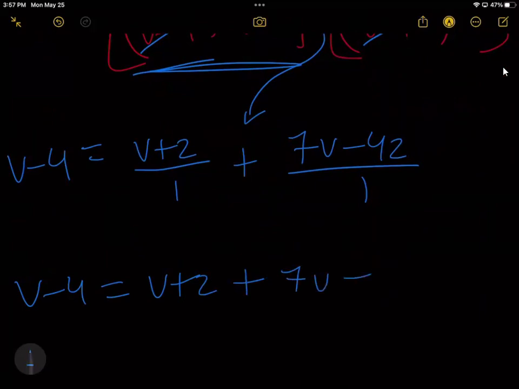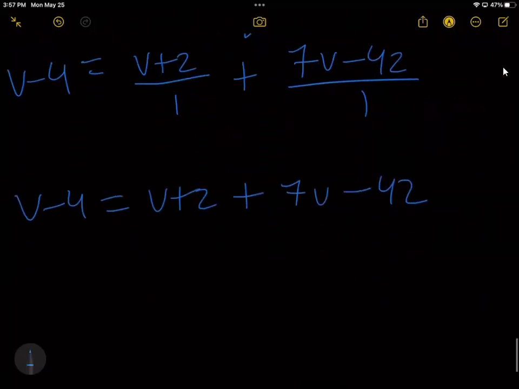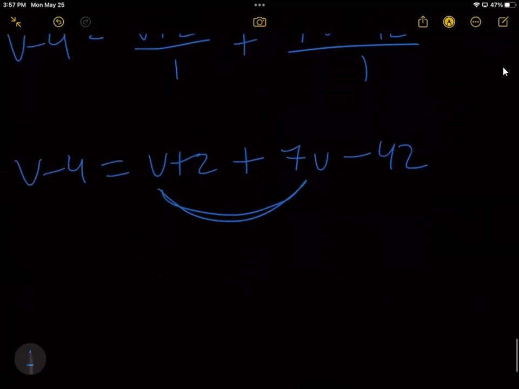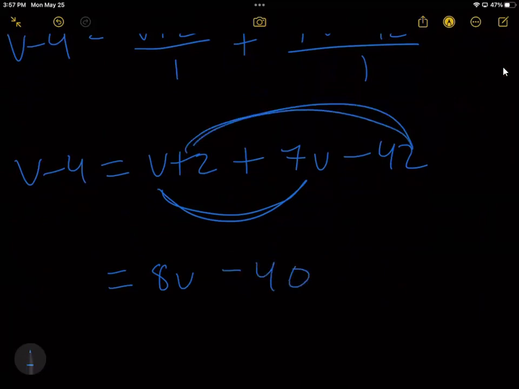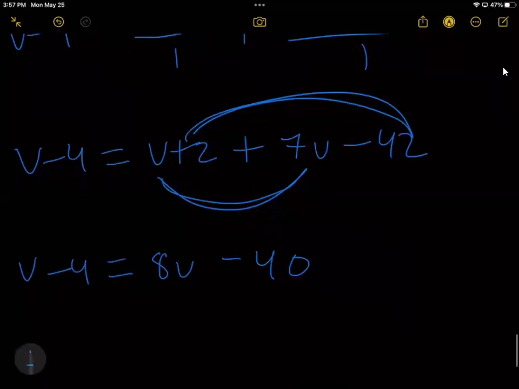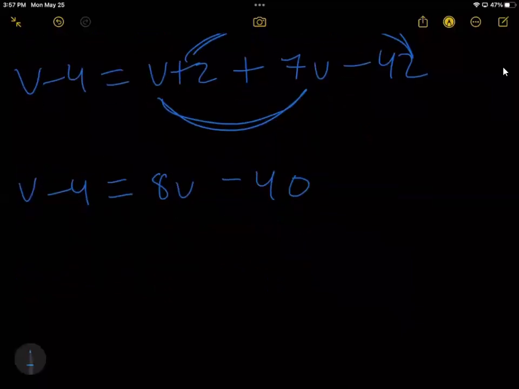And then from here, we are going to solve by combining our like terms, our v's here, which is 8v, and then our other like terms are constants, which makes that minus 40. We got v minus 4 over here. And then I want to get v by itself, so we're just going to do some combining.